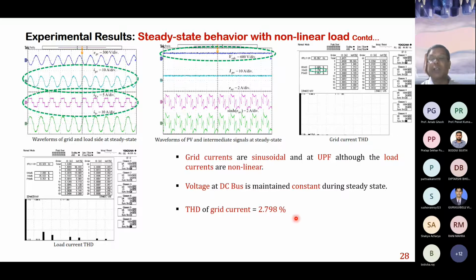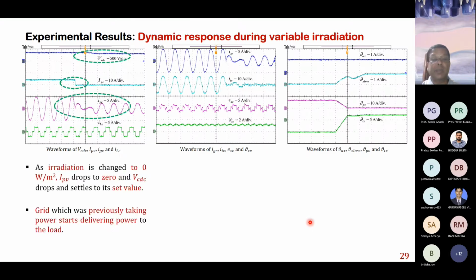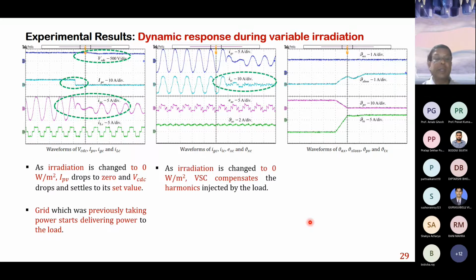The THD of the grid current is 2.798%, and the THD of the load current is 26.432%.